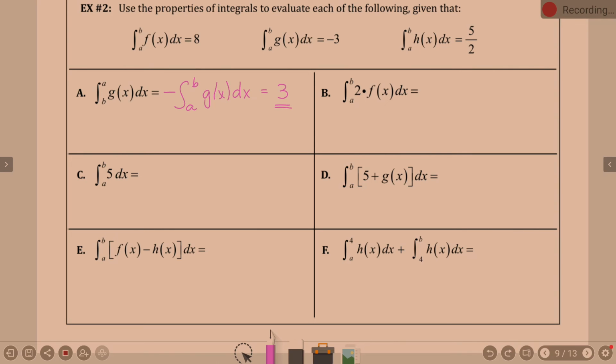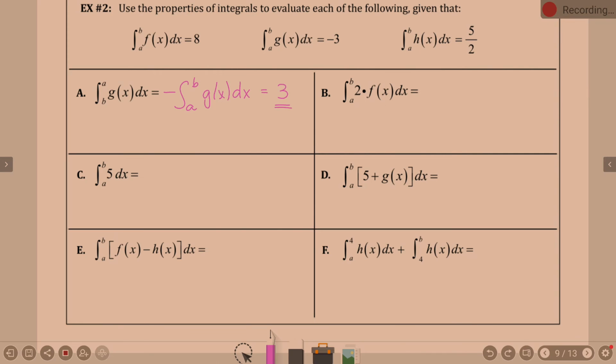B, the integral from a to b of 2 times f of x dx is equal to 16. What's the property I'm using?